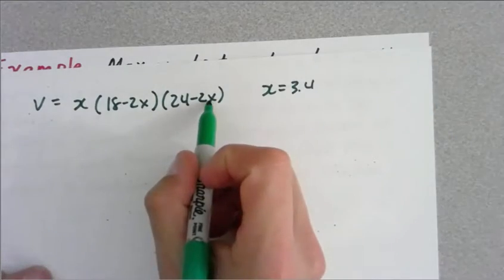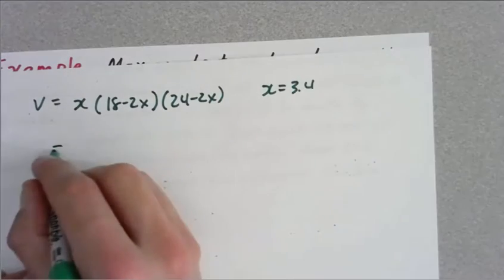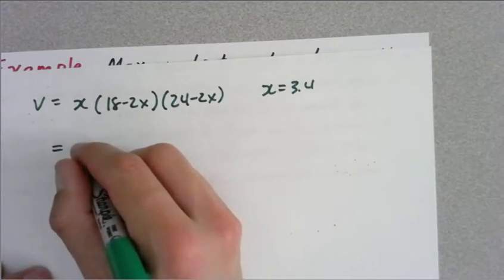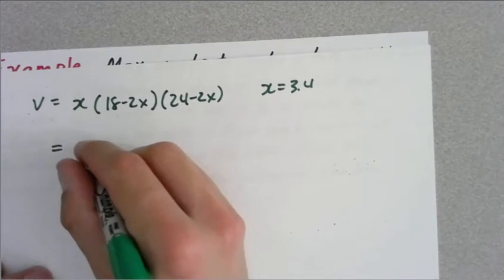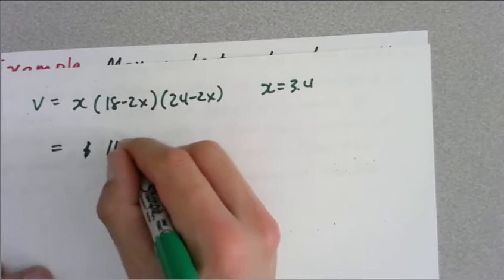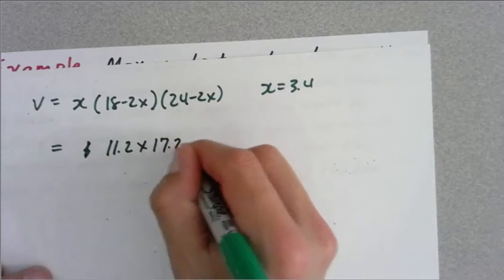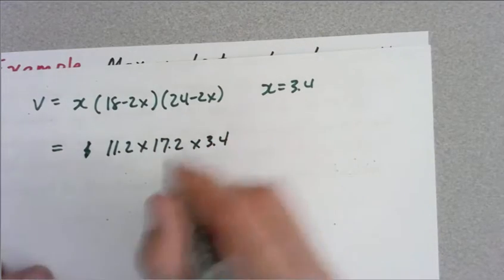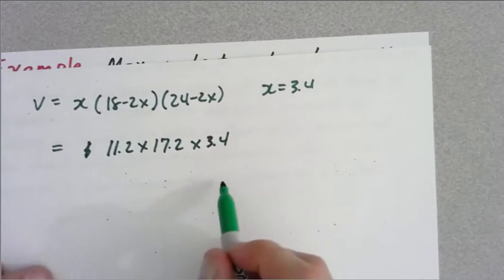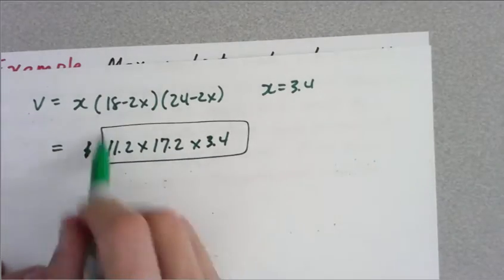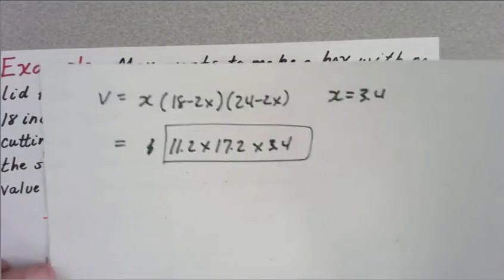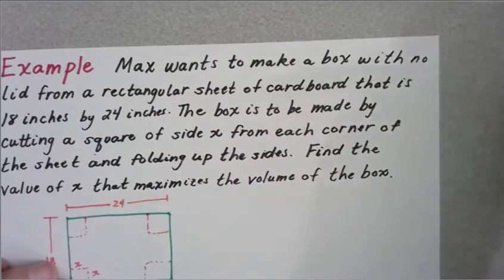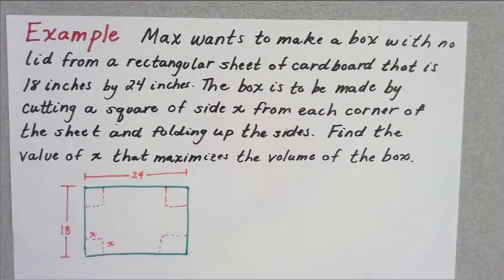When you plug 3.4 into each of these x's, you get the dimensions: 11.2 by 17.2 by 3.4, length, width, and the height, the depth there. So there are the dimensions. 3.4 maximizes the volume of that box. So anyway, that is maxima and minima and their relationship to optimization. If you have any questions or comments, please let me know. We'll see you next time.